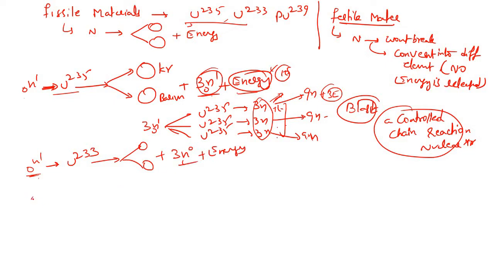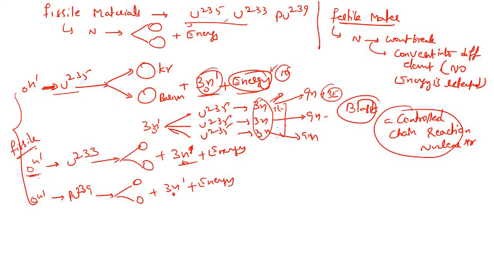Similarly, if you bombard plutonium-239 with a neutron, it will also split and release energy and neutrons. So these 3 are fissile materials, meaning they will split and release energy.